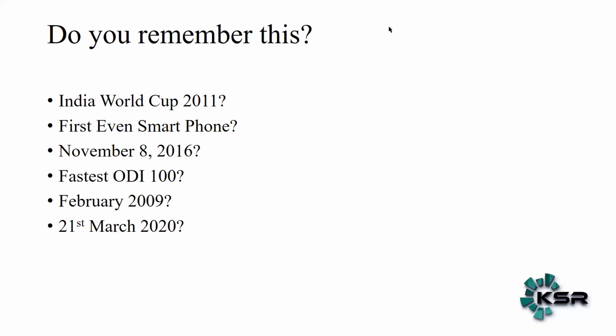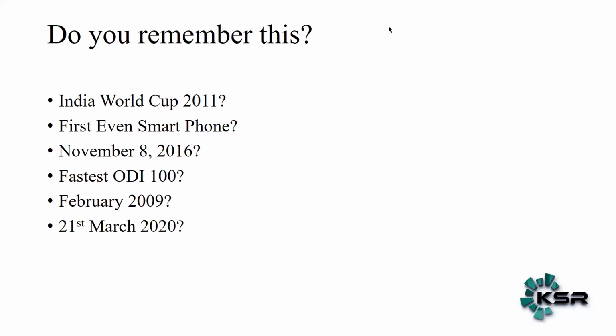Now, if I ask when did India win the World Cup, when was the first smartphone launched, what happened on November 8th, you remember, but there are so many dates and so many questions. If you ask Google, Google will give you the answer. You simply search what happened on this particular day, and you will get an answer.